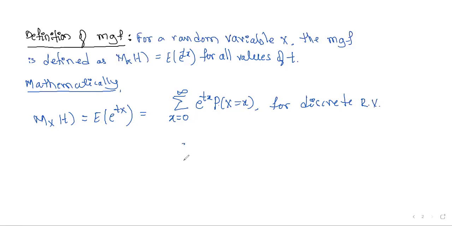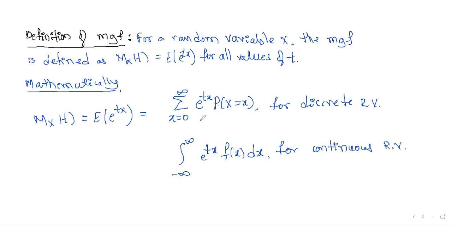Then we have one more formula: integration from minus infinity to infinity of e power tx f of x dx. This is for continuous random variables. So this is the mathematical definition of moment generating function.